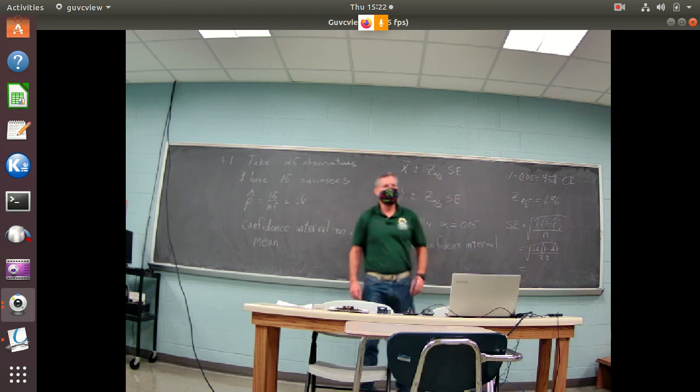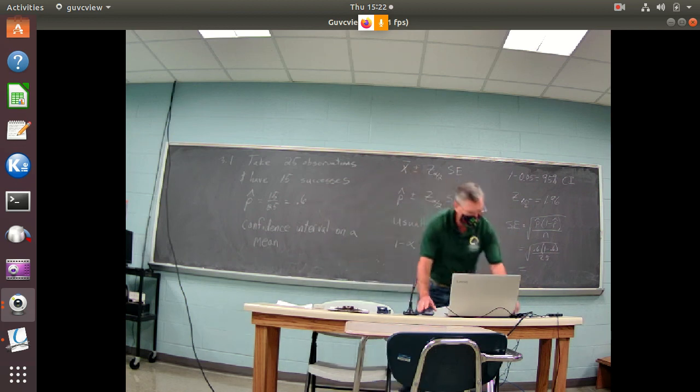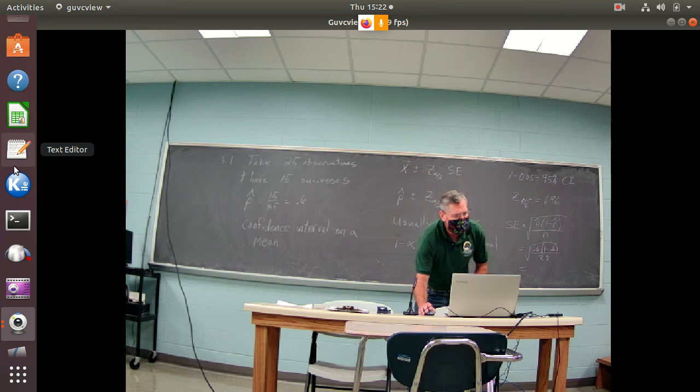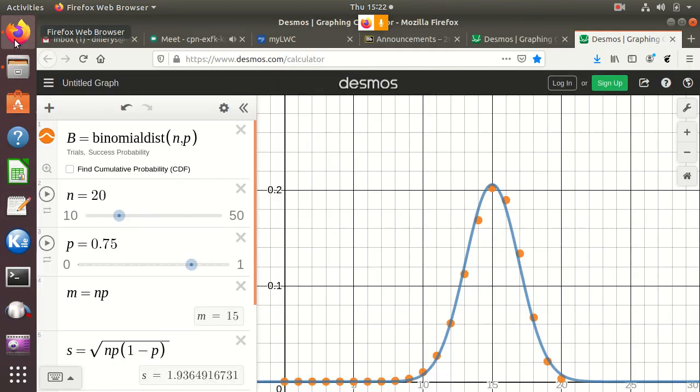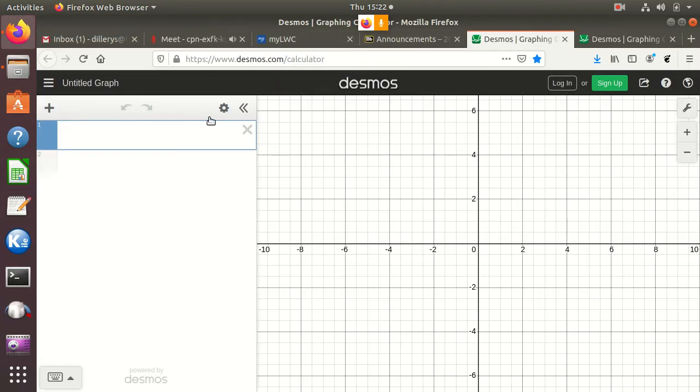And I have no idea what that is, but I can go to something like a spreadsheet, or in my case, since I have Desmos up here also, I can just put it in here and say, square root of 0.6 times 1 minus 0.6, and then all divided by 25.